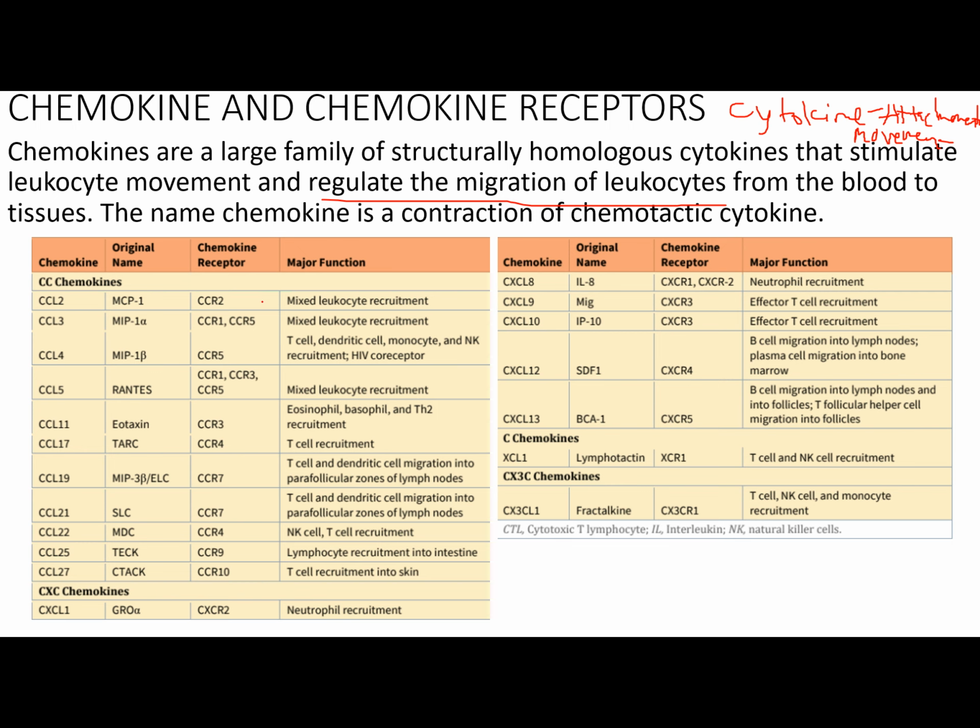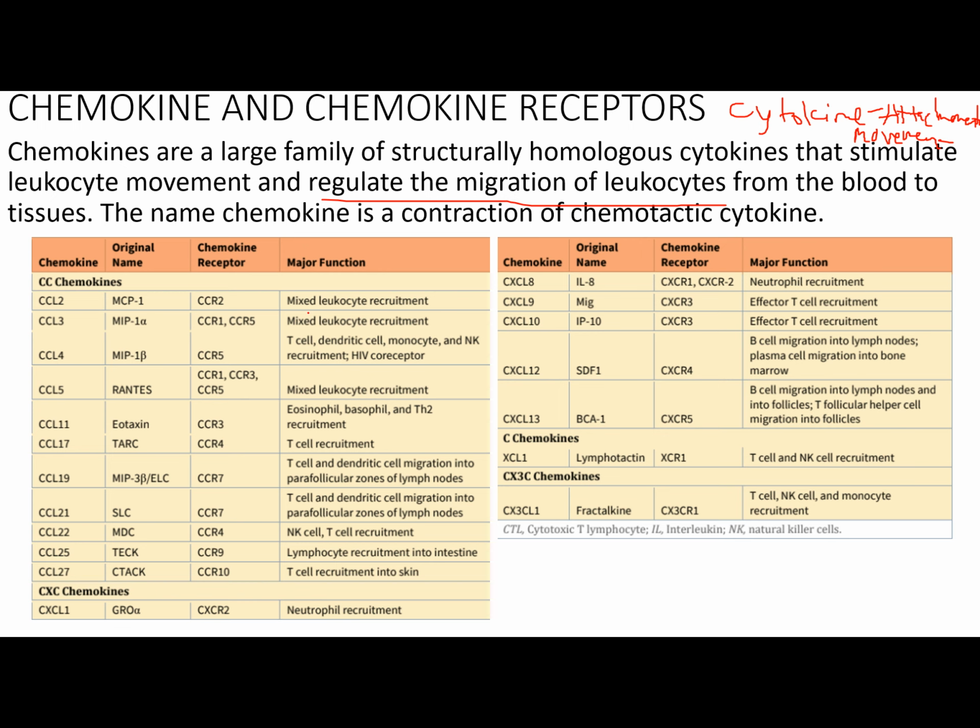Then meron tayong C chemokines. Under that is yung XCL1. Original name niya class is lymphotactin. Chemokine receptor is XCR1. Function niya is for T cell and NK cell recruitment. Then we have your CX3C chemokine. Under that class, you have your CX3CL1, also known as your fractalkine.